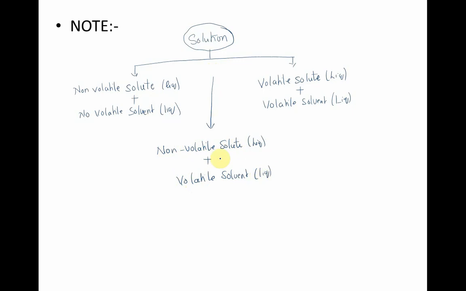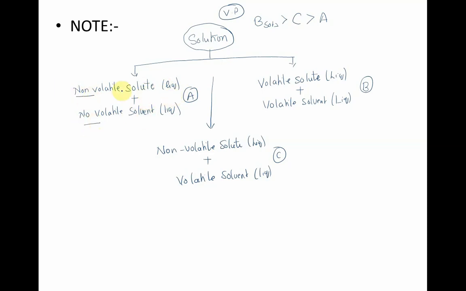In these three cases, in which solution is the vapor pressure maximum? Consider this is solution A, this is solution B, and this is solution C. Solution B possesses greater vapor pressure than C, which is greater than A. The reason is, in case of solution A, both solute and solvent are non-volatile in nature.